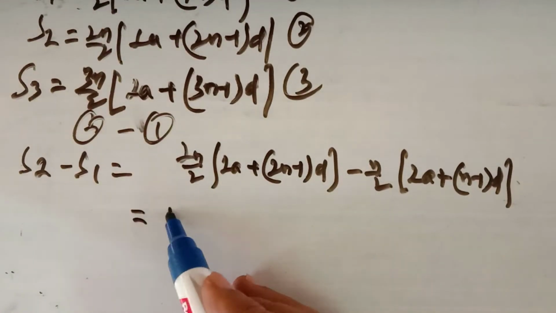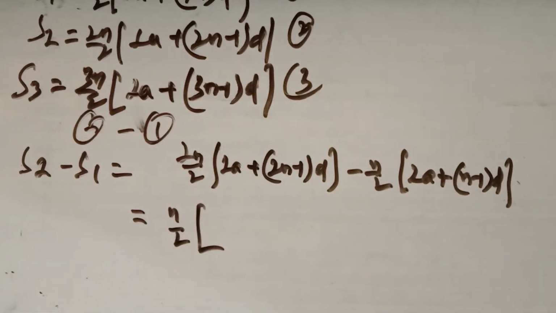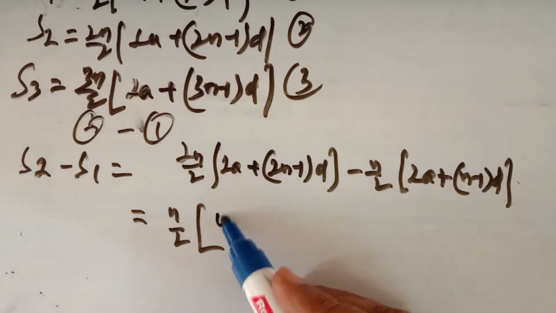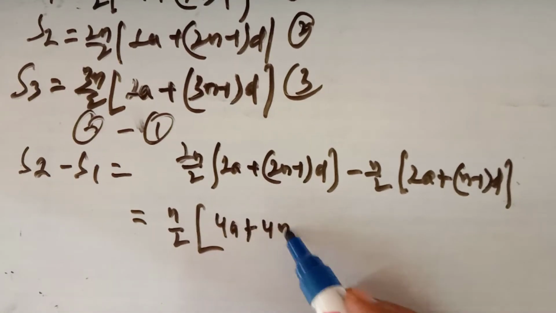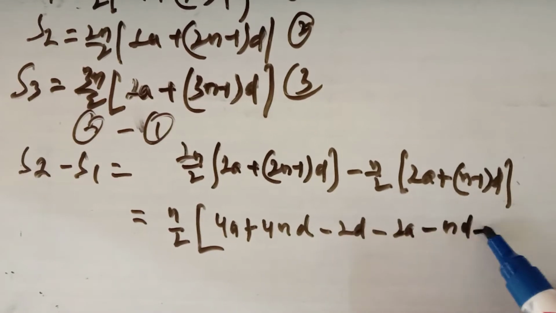You will get n by 2, you take n by 2 common, so it will be 4a plus 4nd minus 2d minus 2a minus nd plus d.